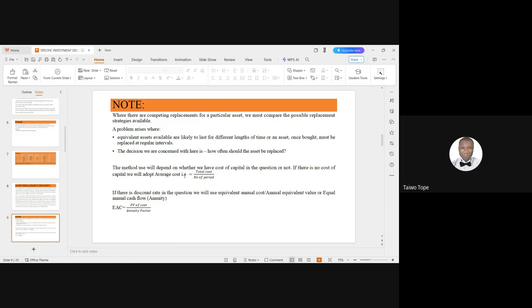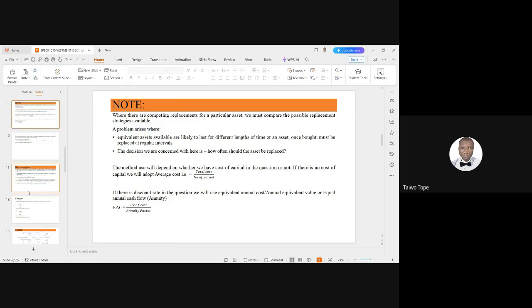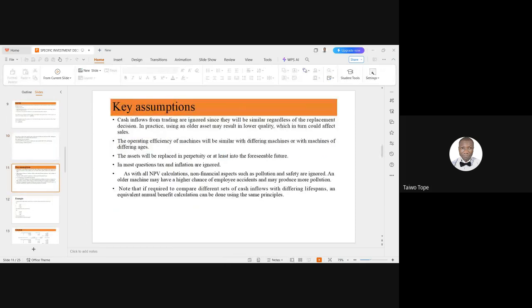If there is no cost of capital, we adopt the average cost, that is the total cost divided by the number of periods. And if there is a discount rate in the question, we use equivalent annual cost, annual equivalent value, or equivalent annual cash flow. And it is PV of cost divided by what? Annuity factor.